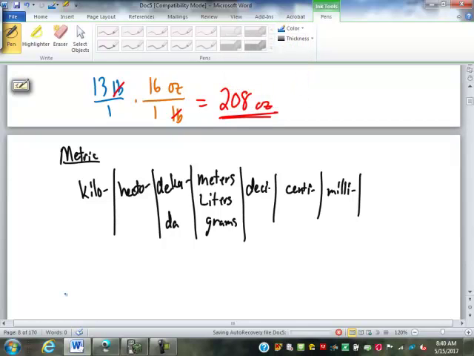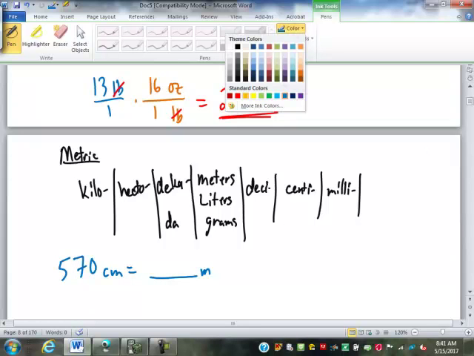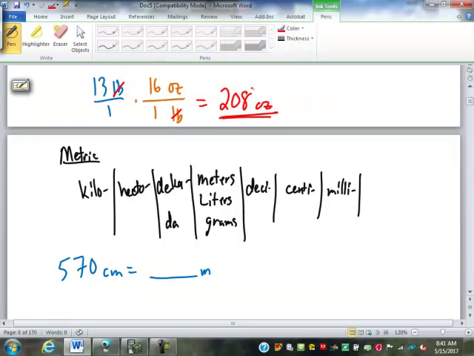So if I had 570 centimeters, I want to convert that into meters. On the chart here, centimeters to meters is 2 spots to the left. So my decimal point has to go 2 spots to the left. That'd be 5.7.